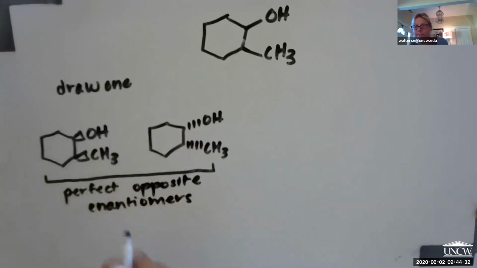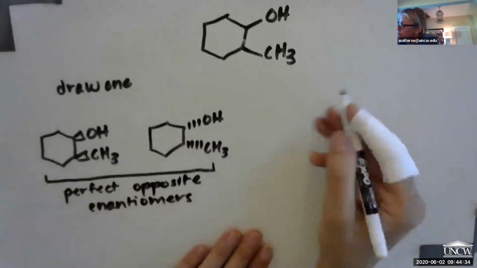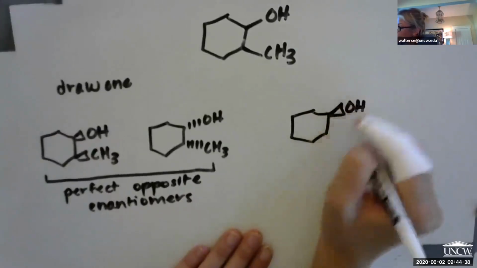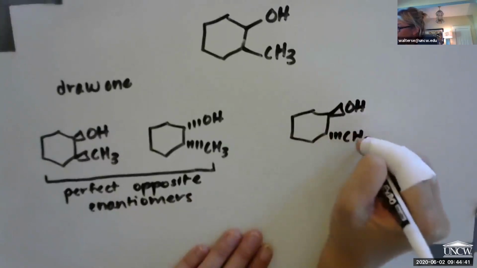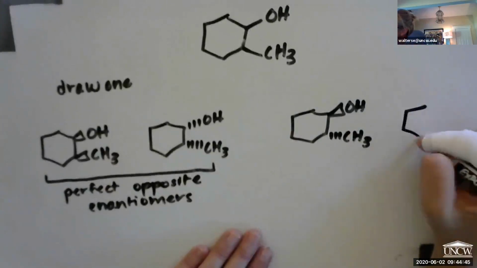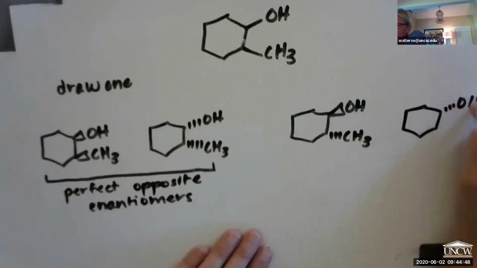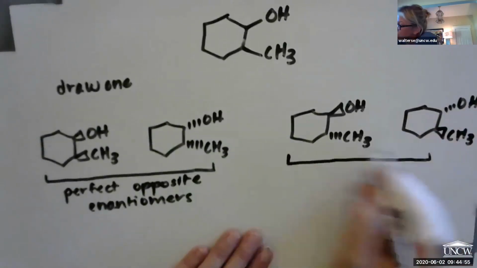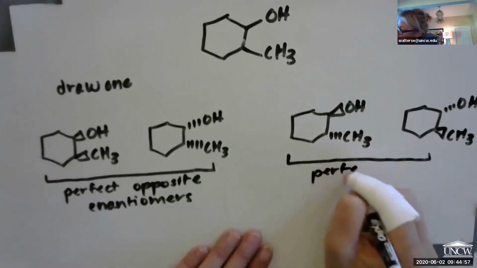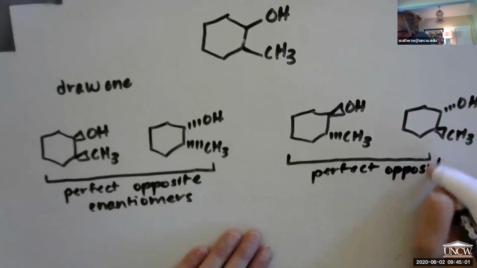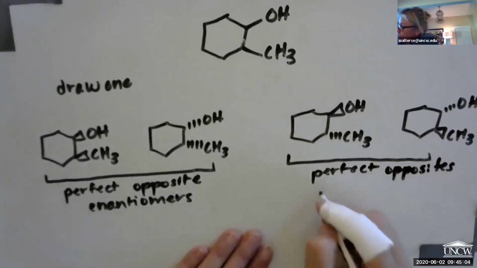Okay. The third would be a dash and a wedge. Its perfect opposite would be dash hydroxide, wedge methyl. Okay, so now these are perfect opposites. So these are enantiomers.